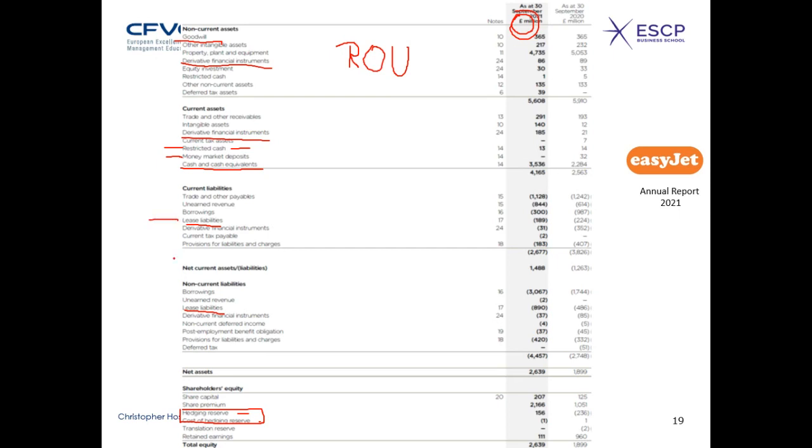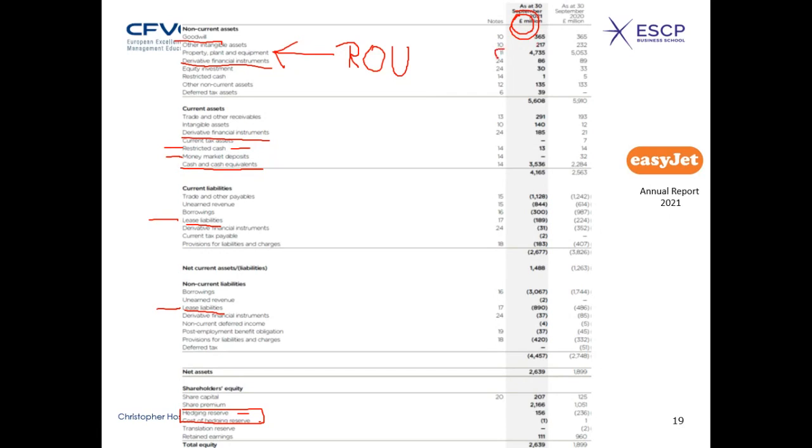Well, no, because here we see lease liabilities, and secondly, all companies use leasing contracts. So why don't they show a ROU asset? Well, actually, because they integrate this in property, plant, and equipment. That means Air France separates owned PPE and right of use assets. EasyJet, they all mix together.